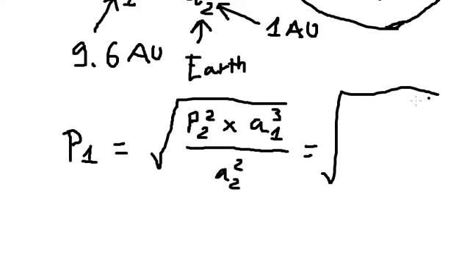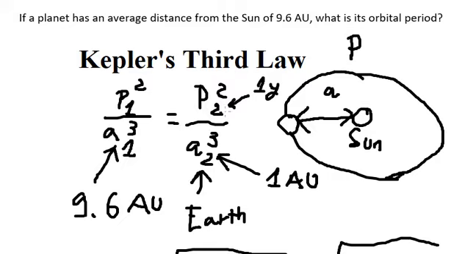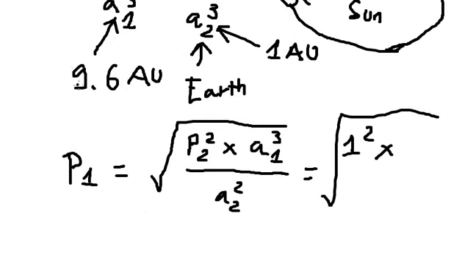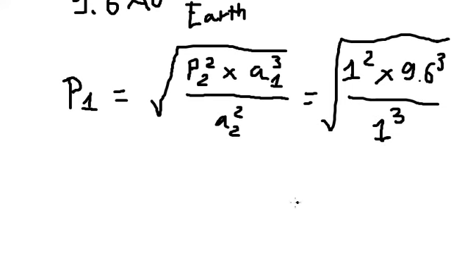So P2 squared, P2 is number 1, so we have 1 squared in here. A1 is 9.6 to the power of 3, and this one we have A2, which is 1 to the power of 3.